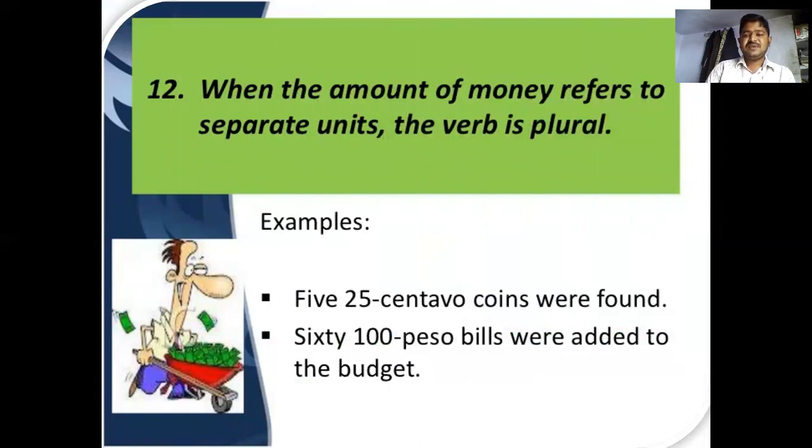When the amount of money refers to separate units, the verb is plural. Five 25 centavo coins were found.